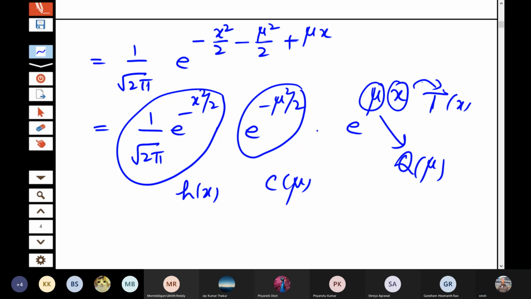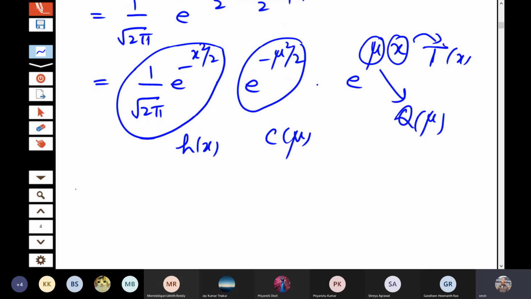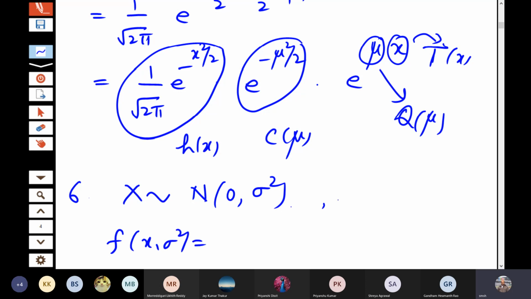So normal distribution with one parameter is again in the exponential family. Here I have taken mu to be the parameter. Let us take the second one. Suppose I consider normal(0, sigma square). So here sigma square is the parameter. And let us consider the form here.